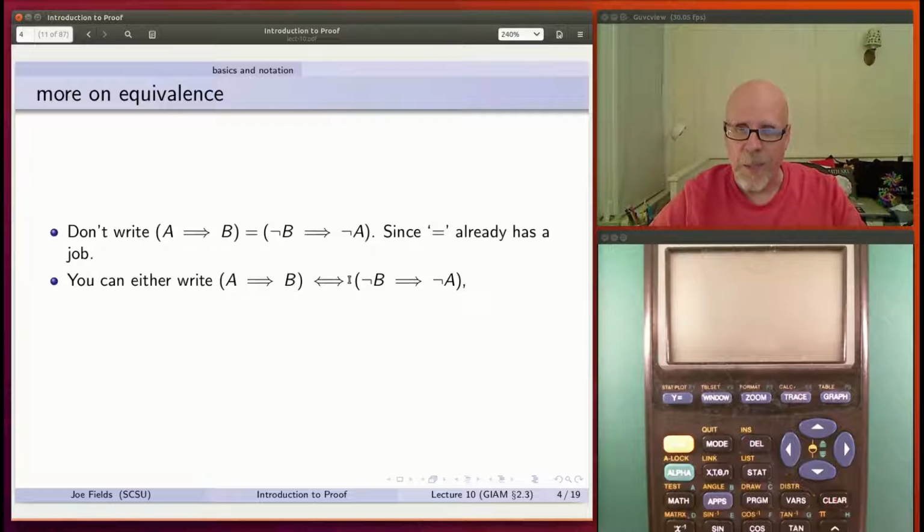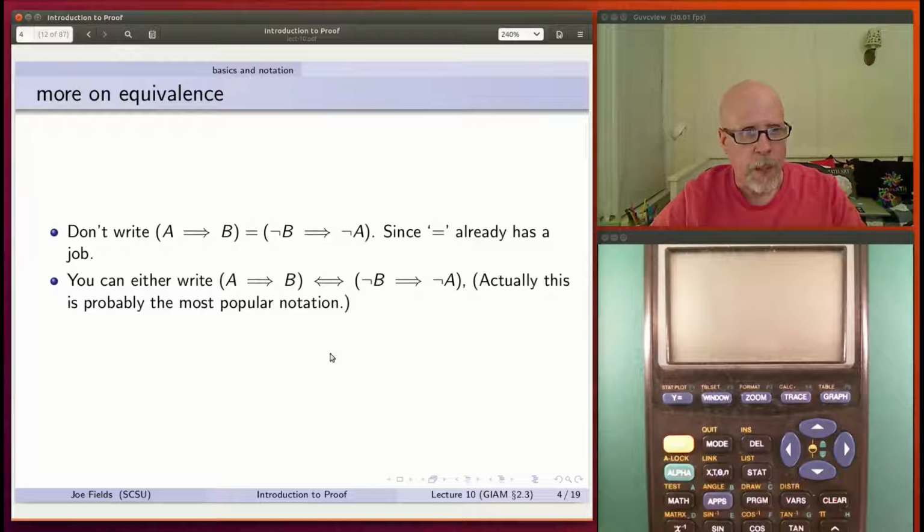It never hurts to put in extra parentheses. So this is saying A implies B is true exactly when its contrapositive statement, not B implies not A, is true. This is probably the more popular notation, to use the double-headed arrow, the if and only if symbol. So I'm not just trying to be a contrarian here. I really do prefer the funny version of the equal sign.